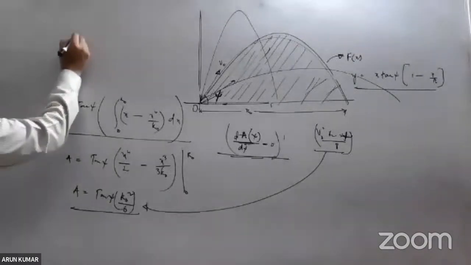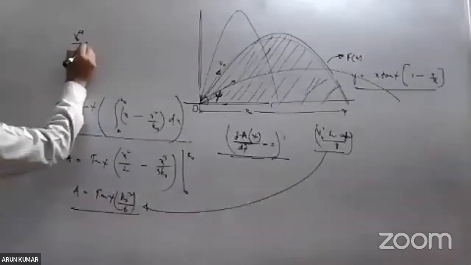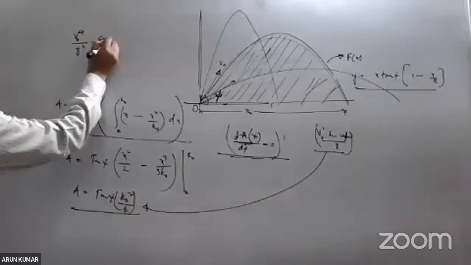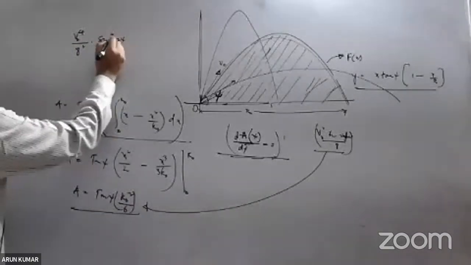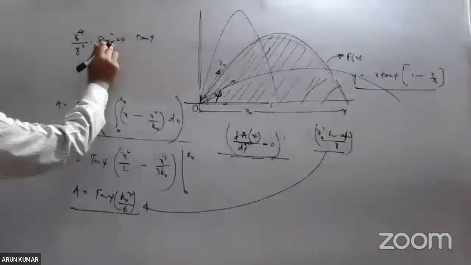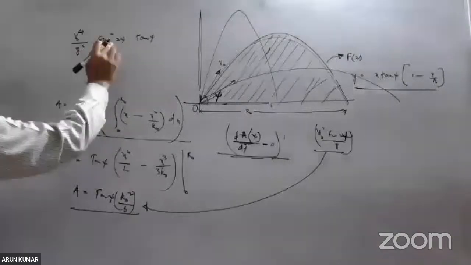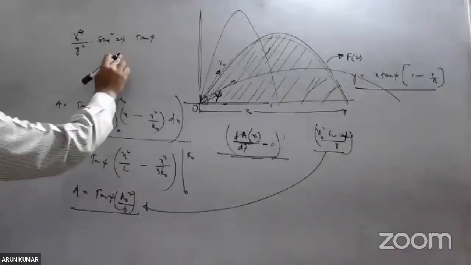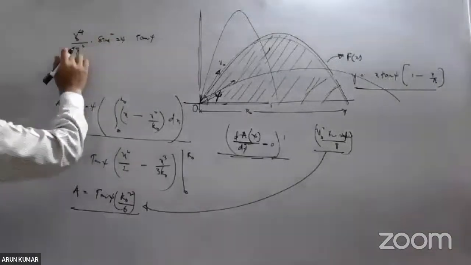So I'll have v naught power 4 by g square, sine square 2 psi, tan psi. What is sine square 2 psi? 4 sine square psi cos square psi. Right?